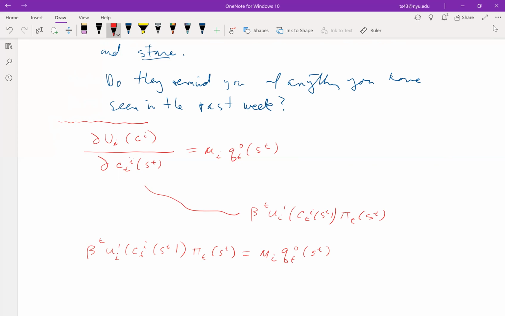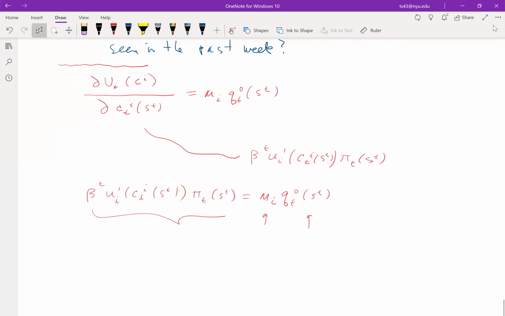That's an i. So there's our Lagrange multiplier times the price, and here's our marginal utility. Okay, so that's a first order condition.